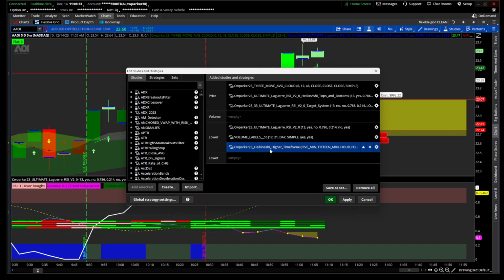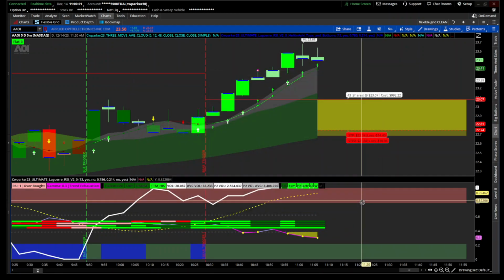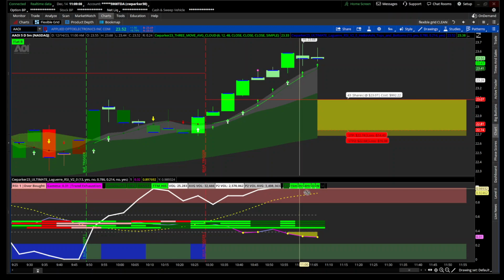So higher time frame right here, you can change that to week, month, and it's just telling you the direction of the Heikin-Ashi. Right now, on the 15 minutes is bright green, or you're good. On the 4 hour, day, and week, y'all are showing bright green, and that's only according to Heikin-Ashi. It's not according to the other indicators built into the RSI.